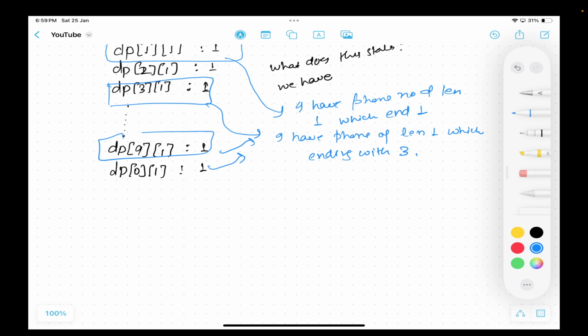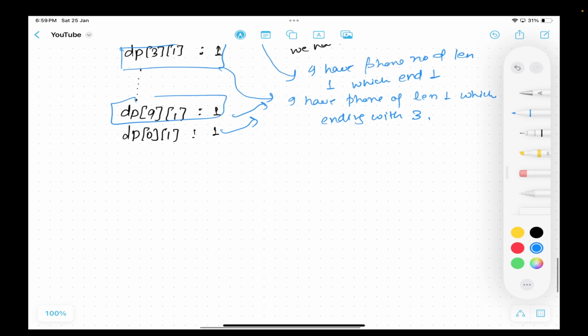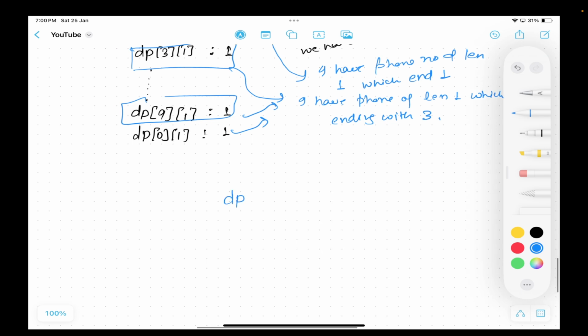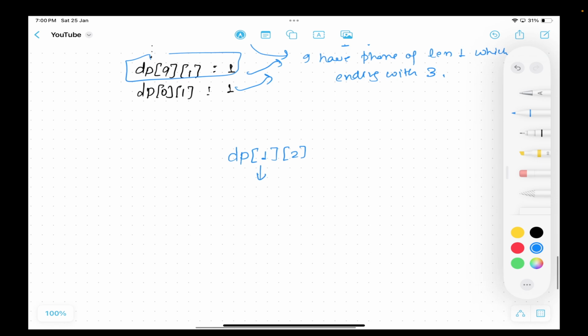Now, in the future, we want to compute the count for length n, and the last element can be anything from 0 to 9. So we are computing this thing. Just for example's sake, if I am computing DP of 1 and 2, what does it mean?